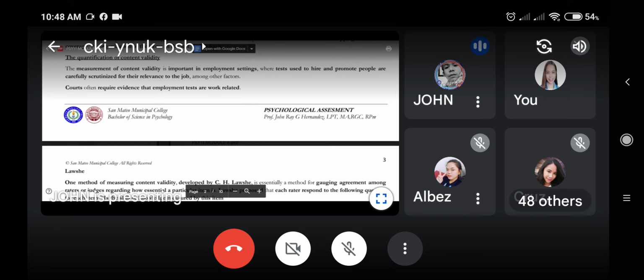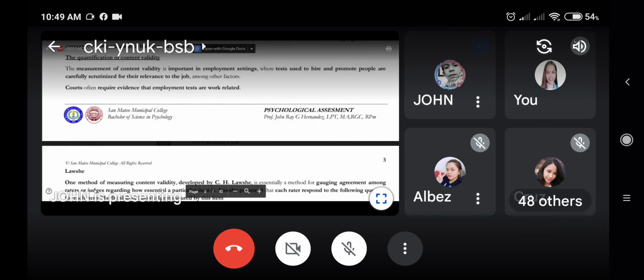So how can we say that once we assess or appraise our employees, the measure or the instrument that we use to appraise them is valid or not? In that case, we will be doing a content validity measure in order for us to gauge the performance based on the expected output or the expectation from the job.